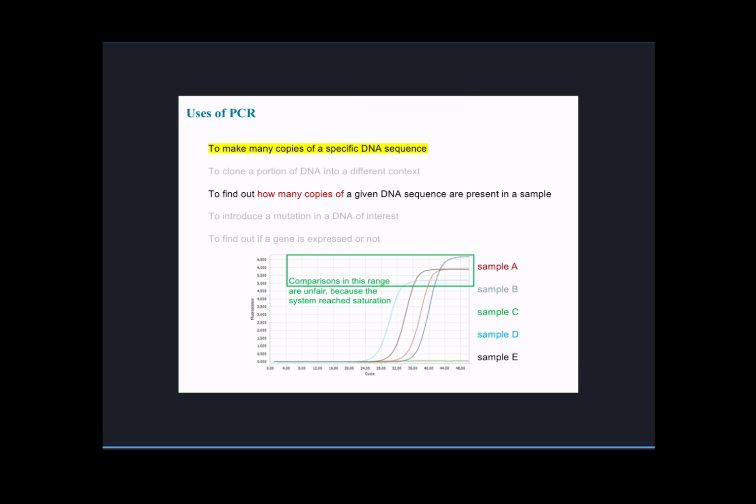It's almost like comparing the lengths of different things with a broken ruler. We're not really measuring something that is linearly proportional to what we're interested in, which is the amount of original template DNA. So comparisons in this range of reaction saturation are unfair because the system maxed out.